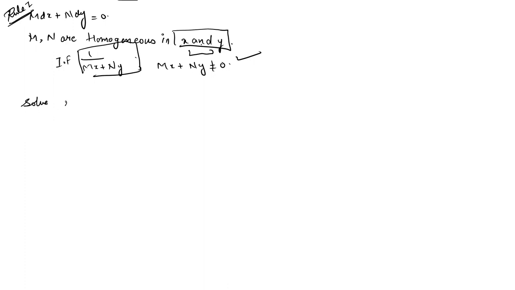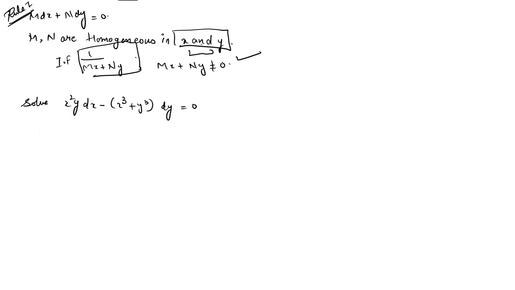Solve x square y dx minus x cube plus y cube dy equals 0. Suppose that this type of differential equation is given to us.